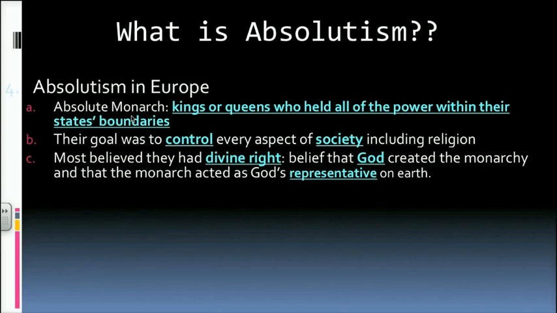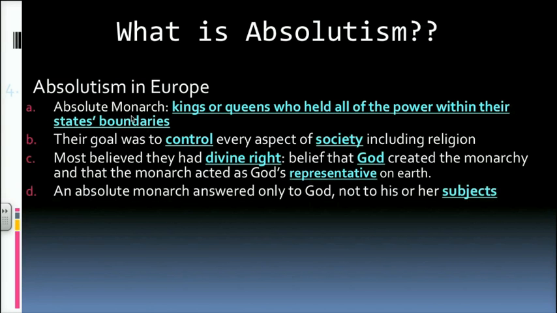Now, some of them were Catholic, so naturally some of them revered the Pope as well, but some of them are even going to step over the Pope and try to exert more power than what the Pope has. So divine right is basically the idea that I'm a big deal. God's above me, but I'm second. I'm the next and most important person or being on this earth.